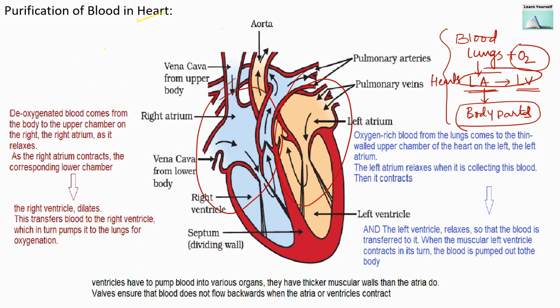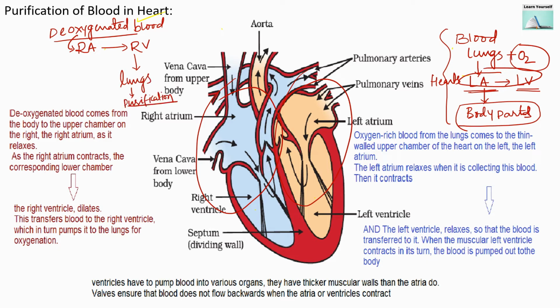So how will the blood flow work in the right side of the heart? Deoxygenated blood, meaning blood without oxygen, will come to the right atrium of the heart. From the right atrium, it will go to the right ventricle. And from the right ventricle, it will go to the lungs for purification.